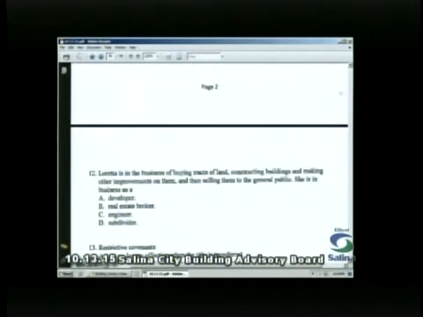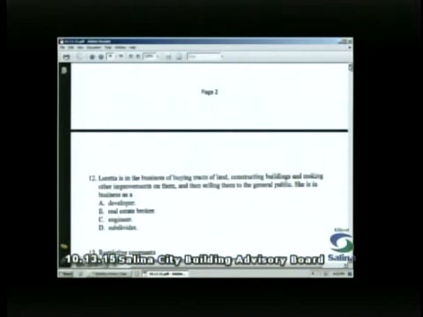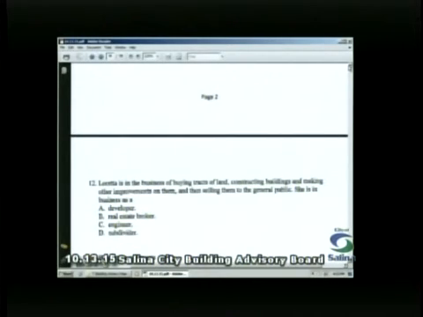He is in the business of buying large tracts and reselling them in small tracts. He's not doing any building. That is more confusing, development. Makes sense.